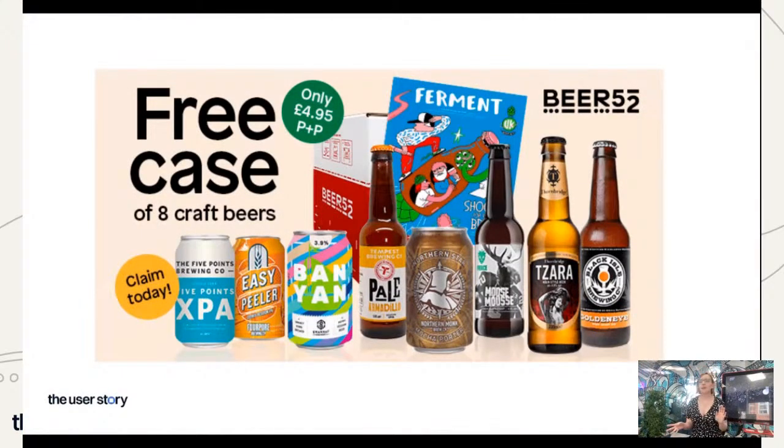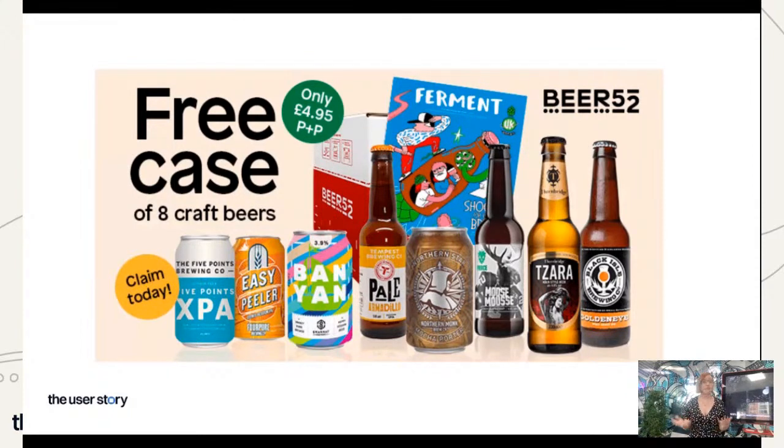There are a lot of companies that I could have looked at for examples of this. Obviously, there'll be big ones like Amazon, which is no surprise that they're using deceptive patterns. But I thought I'd look at one that you hadn't heard of, a slightly smaller company. So this is Beer 52.